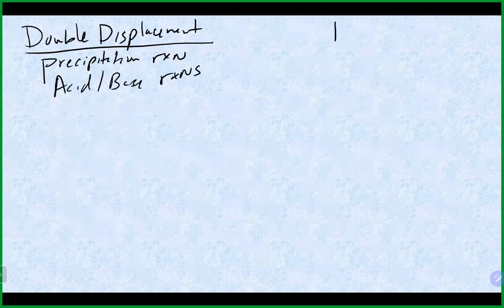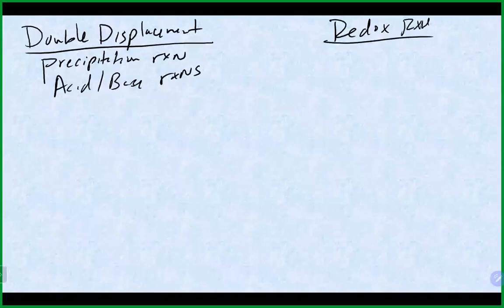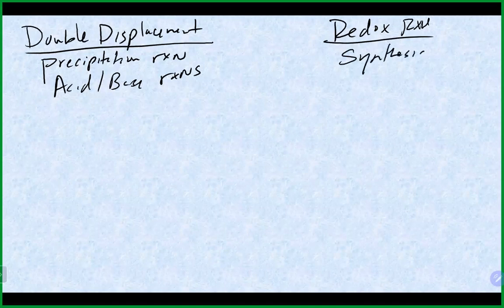Pretty much everybody else is going to fall under the redox big heading, where electrons are being transferred. Those are your synthesis reactions, your decomposition reactions, your single replacement reactions, and your combustion reactions.